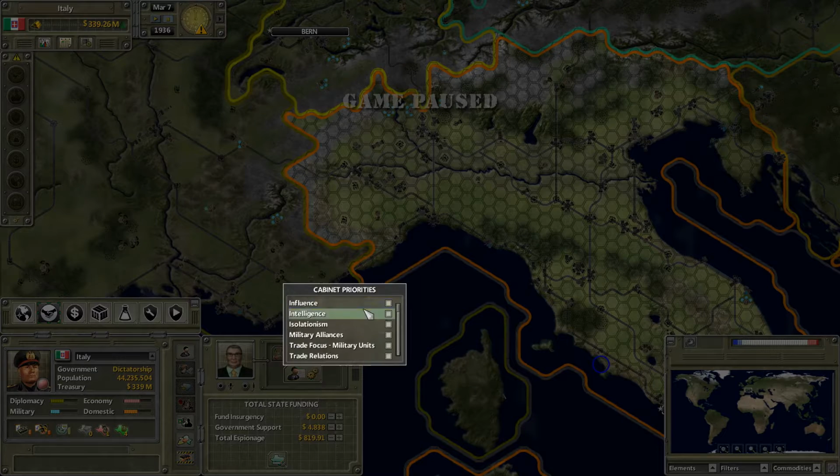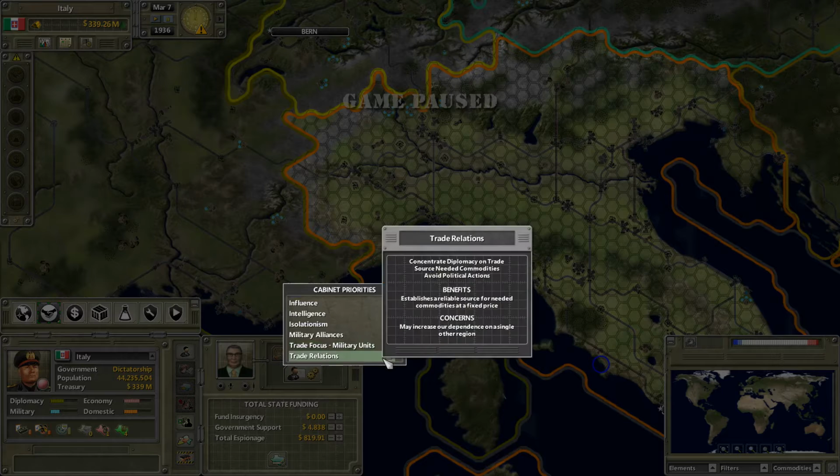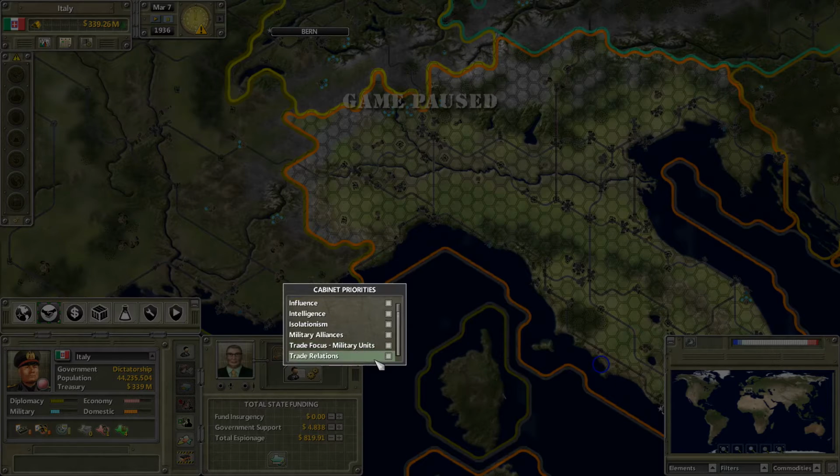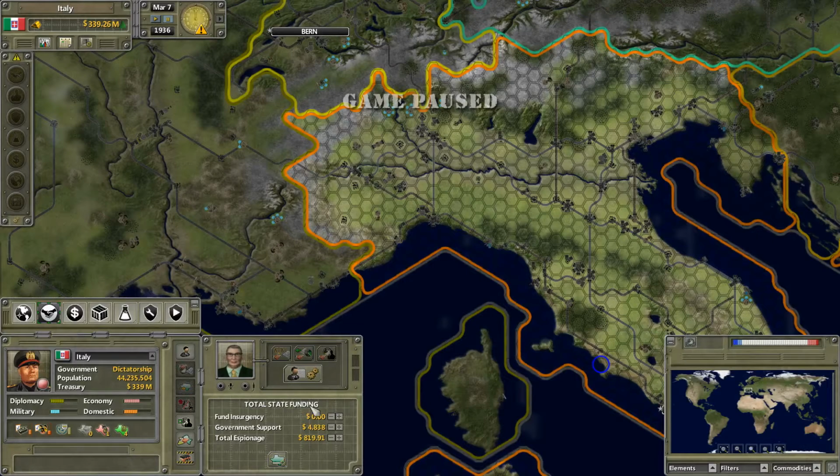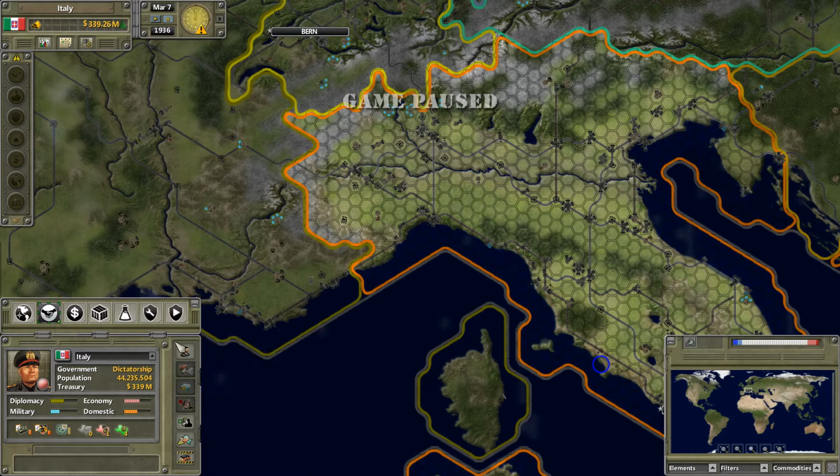You can set up custom focuses like acquire technologies, influence, intelligence, isolationism, military alliances, trade focus, military units, and trade relations. So those are like automating this stuff. There's a lot of ways to automate a lot of the diplomacy and trade and such, and production and such.